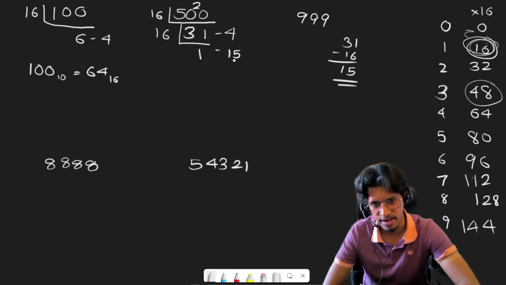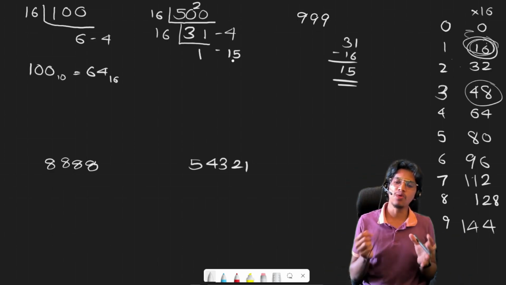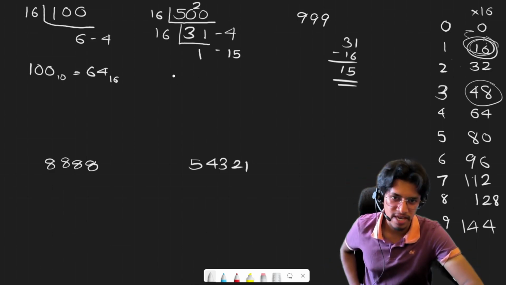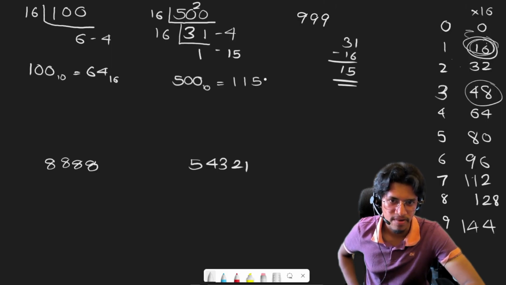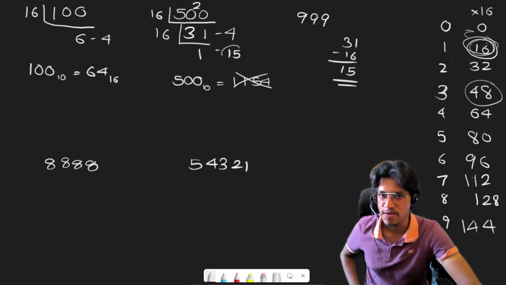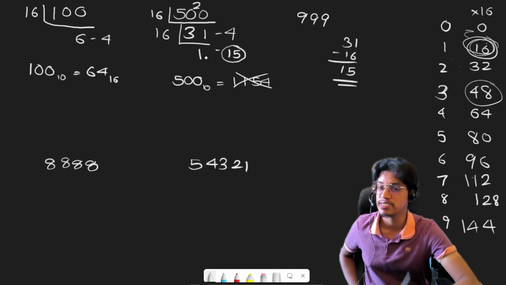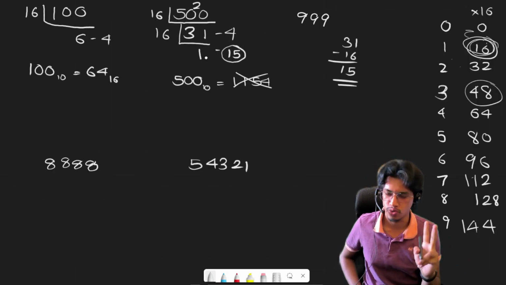So we have 15 here. Now, we cannot write that 500 denary is equal to 1154. That is wrong, because this 15 is representing only one digit, not two, right?